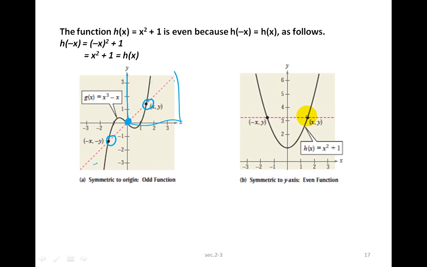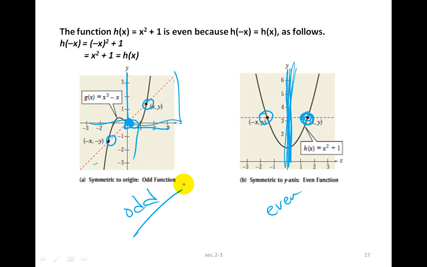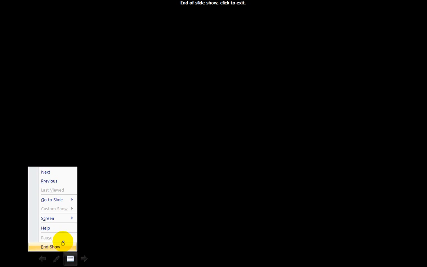But here, if you fold this graph, you're going to fold it with respect to the y-axis, so that this point will be here. So this type of graph is even, because it's symmetric with respect to the y-axis, and here it is symmetric with respect to the origin. So this would be odd. And also, if you want to use those tests that you saw before, using f of x, you can use them. Okay.